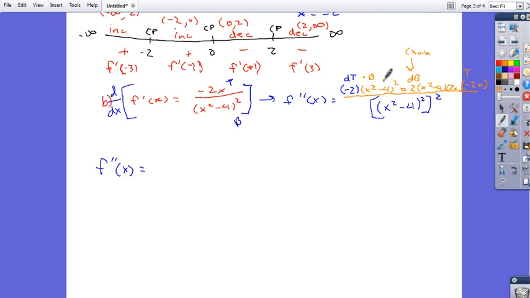I'm going to FOIL that out. So still have negative 2, and then x to the fourth power minus 8x squared plus 16. That was just me foiling this out right here, so take a look.